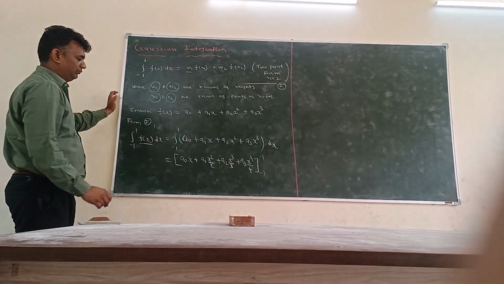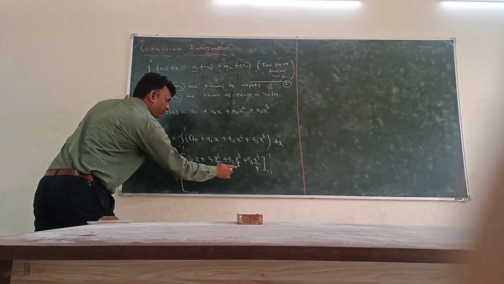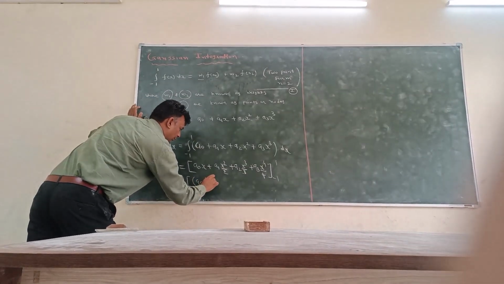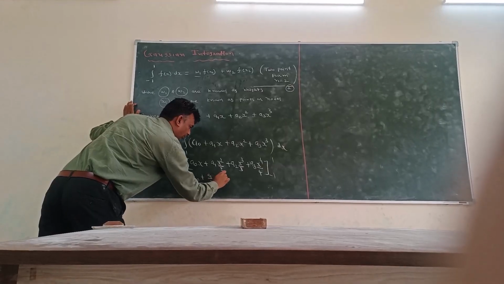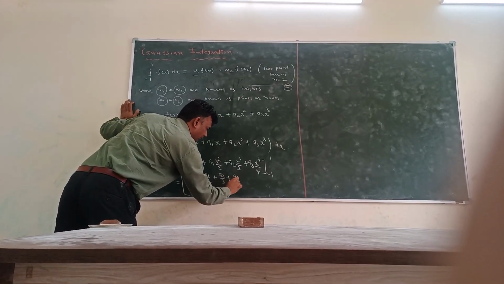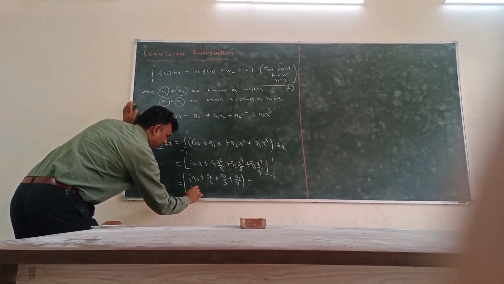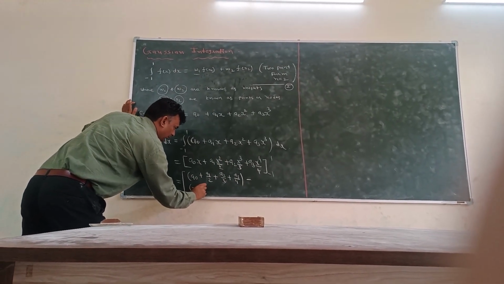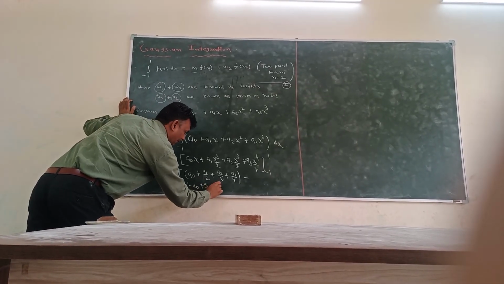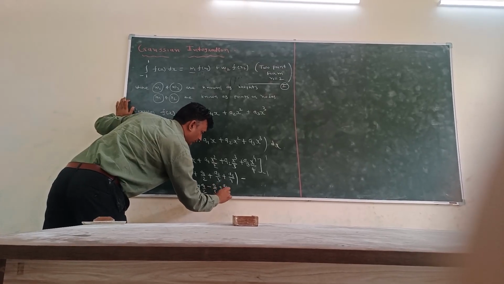Now we will put the value. So that is equal to a0 plus a1 by 2 plus a2 by 3 plus a3 by 4, minus, -a0 plus a1 by 2 minus a2 by 3 plus a3 by 4.